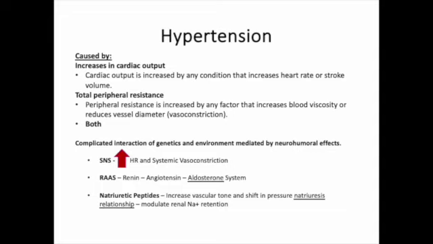Now, as angiotensin 1 circulates through the bloodstream, it starts to reach our lungs. It's going to encounter angiotensin converting enzyme at the lungs. Angiotensin converting enzyme converts angiotensin 1 into angiotensin 2.